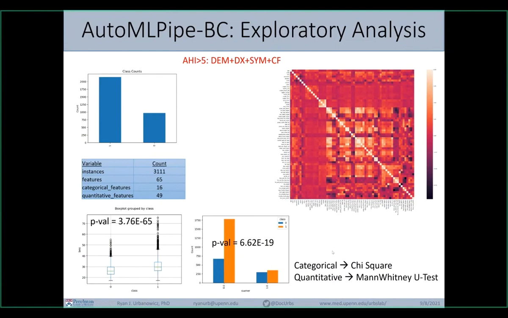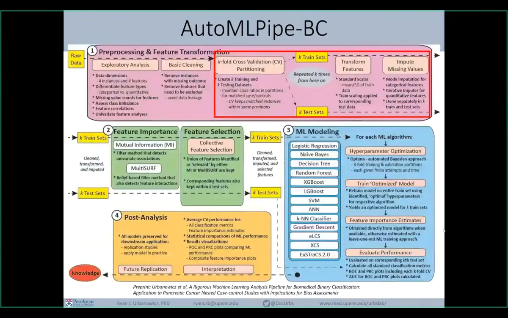The next phase, in pink here, is where we apply cross-validation, and this is important so that we have a less biased look at our data set. And we do this prior to any other component of the pipeline. So notably, everything that happens beyond this phase is happening within one of K training or testing sets. By default, in this study, we've looked at 10-fold cross-validation, so K here is 10.